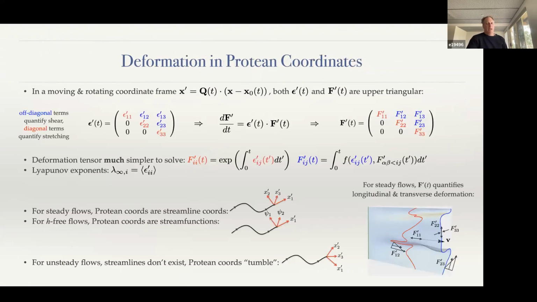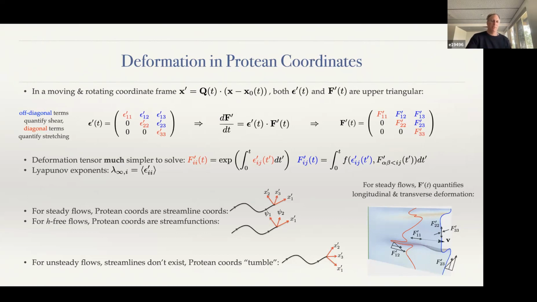So we need a model for evolution of the deformation tensor, and we do that by moving into a moving and rotating coordinate frame, which we call a protein coordinate frame. Essentially, we follow tracer particles as they move along streamlines and path lines, and we rotate that coordinate frame in a particular way that I won't get into details of at the moment.